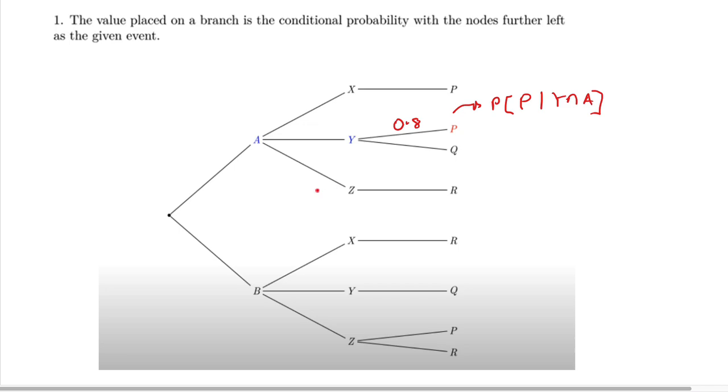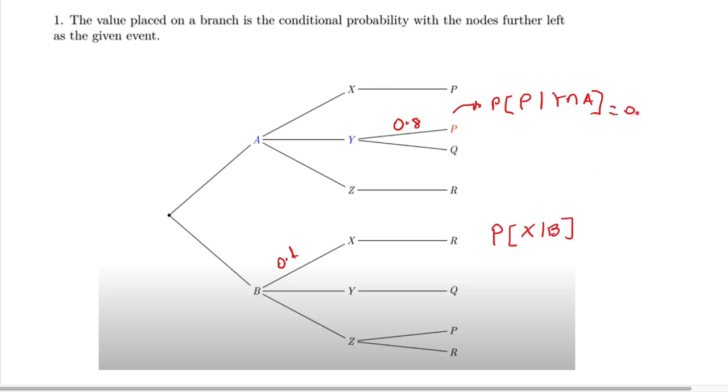Let's say that this here is 0.1. Let's derive what this 0.1 probability is. It is the probability of x, because it's in the branch of x, of the event x happening given that whatever is on the left came first, given b.